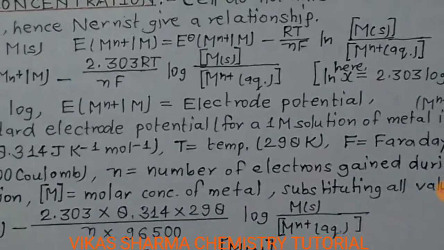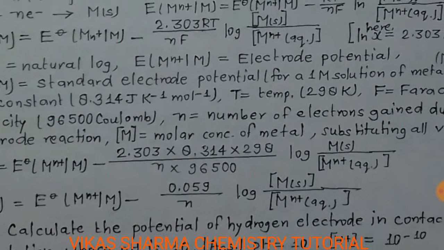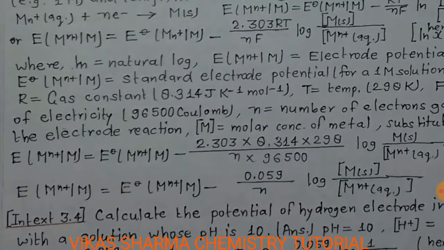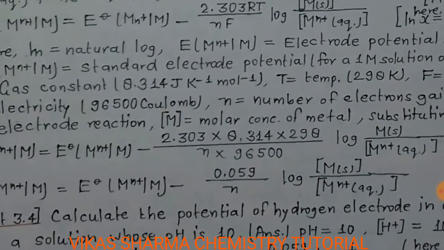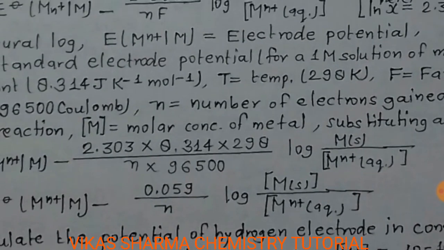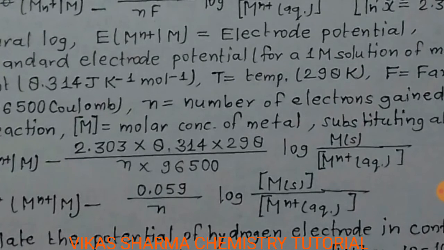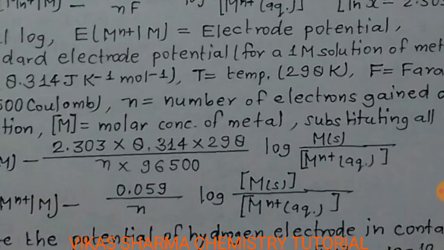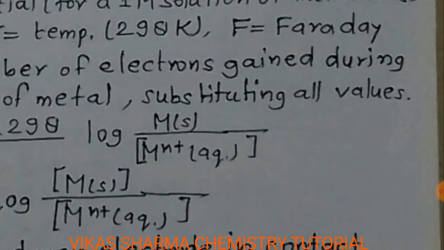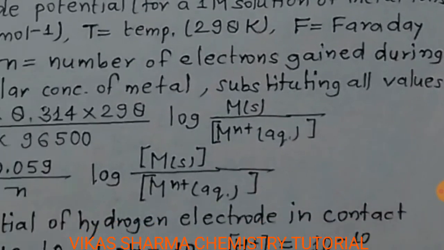So student, in the equation, if we put in the values, the standard electrode potential, then minus 2.303 into 8.314 into 298 divided by the number of electrons, and F, the Faraday, 96,500 coulomb per mole, log of anode concentration over cathode concentration.